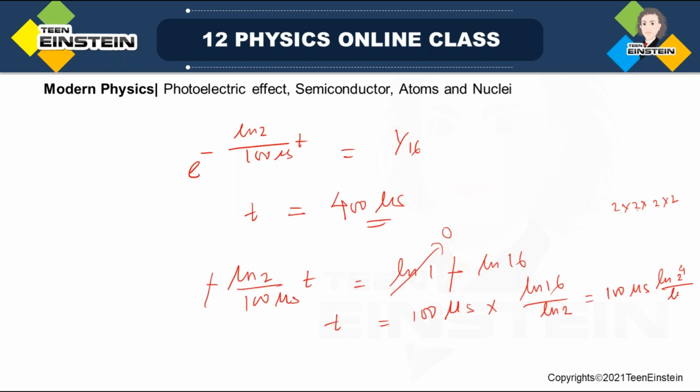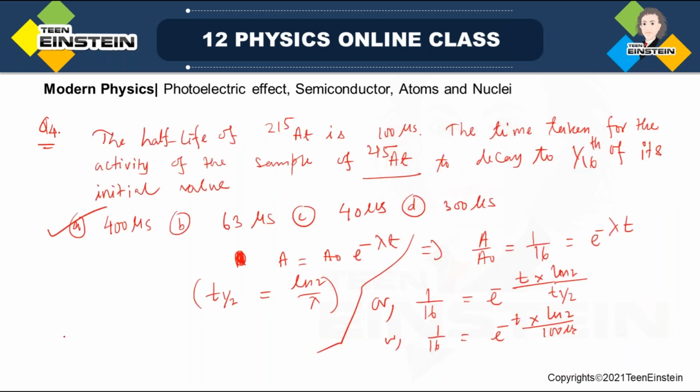So this 4 would come in front, and ln2 over ln2 will cancel each other. That's how you would get 400 microsecond as the answer. Now we'll take one last problem.